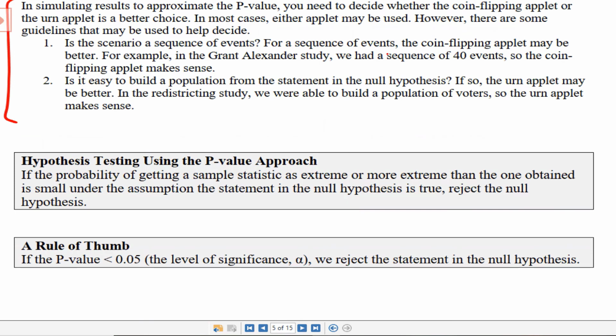But in textbook circumstances, we have to have some sort of criterion under which we judge, am I going to reject or not? And that's where we use this rule of thumb that says if the p-value is less than 0.05, and that would be your level of significance, alpha, we reject the statement in the null hypothesis.